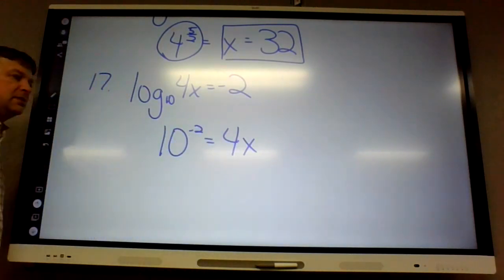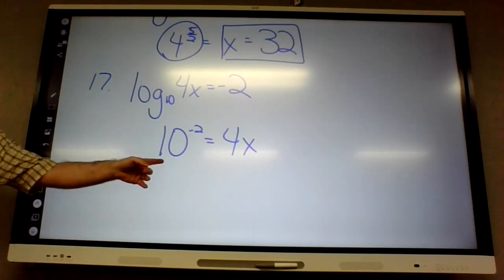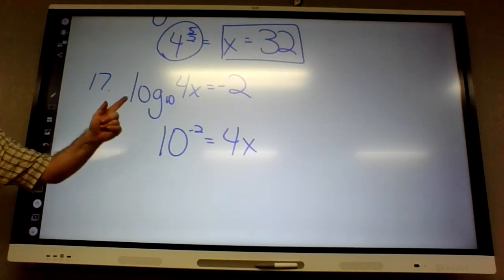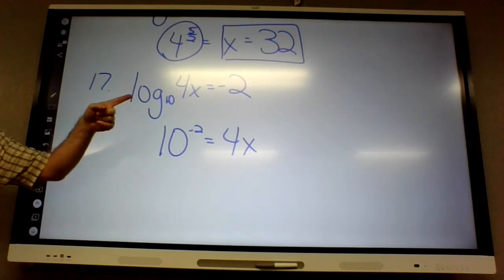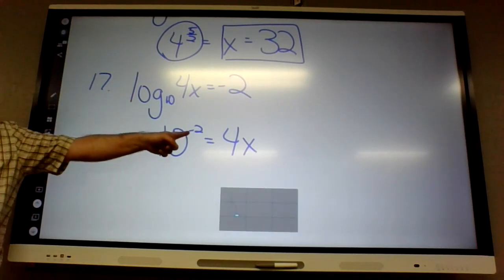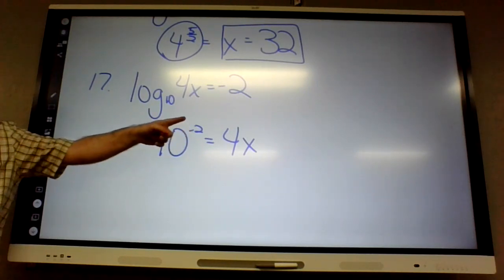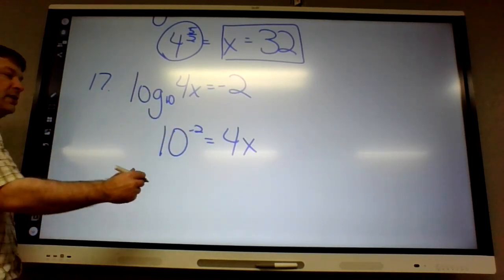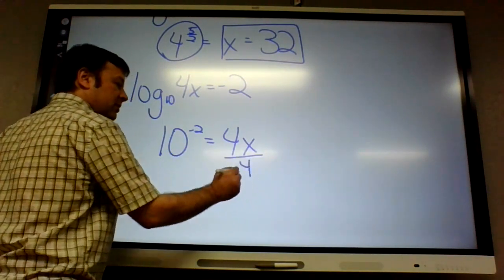Do you guys know what 10 to the -2 is? What's 10 squared? 100. 10 times 10. So this would be 1 over 100, or 0.01 you could say, and then divide by 4.